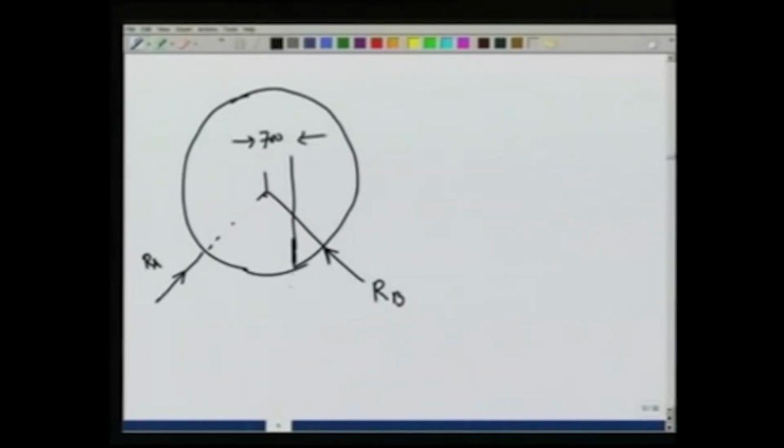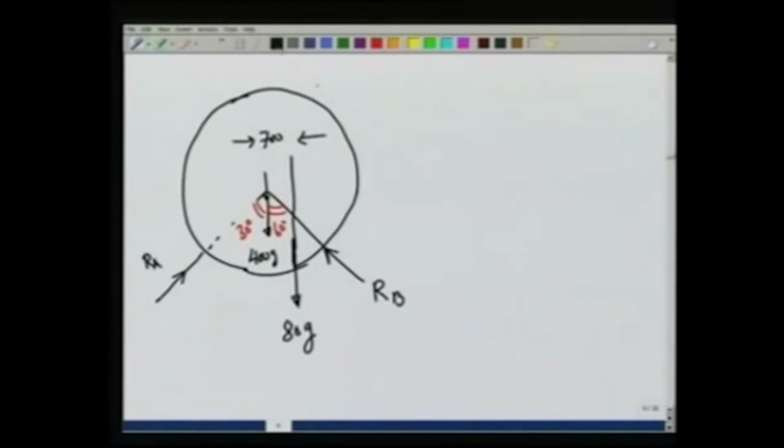There will be a force of 80 G acting this way, and there is a force of 400 G acting this way. The angles are given to be 30 degrees and 60 degrees here.